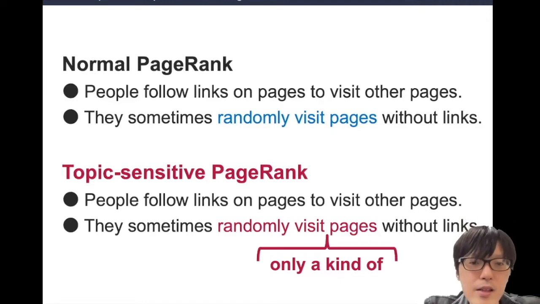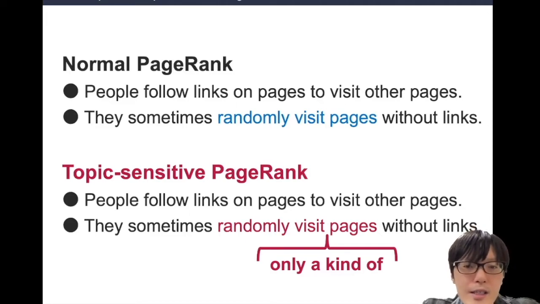On the other hand, we have 2 modified assumptions in topic-sensitive PageRank. At first, we assume people follow the hyperlinks on web pages to visit other web pages. This assumption is also used by the normal PageRank. The next assumption is modified from the normal PageRank.